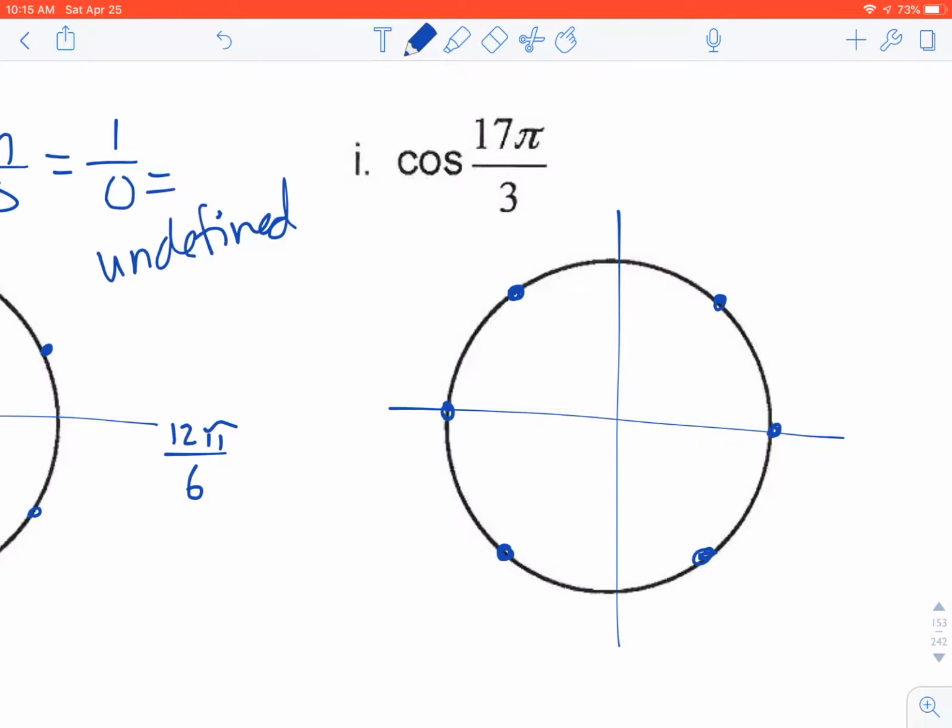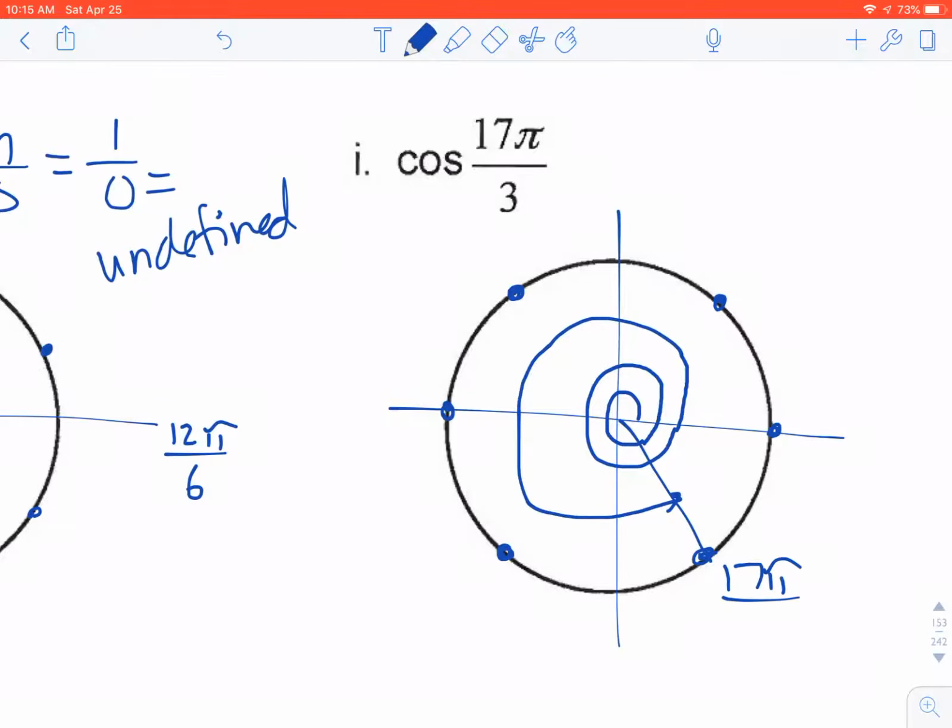If you go around 1 time, that's 2 pi, which is really 6 pi over 3. Go around again, that's our 12 pi over 3. So to get to 17, after 12 we have 13, 14, 15, 16, 17. So right here is 17 pi over 3.